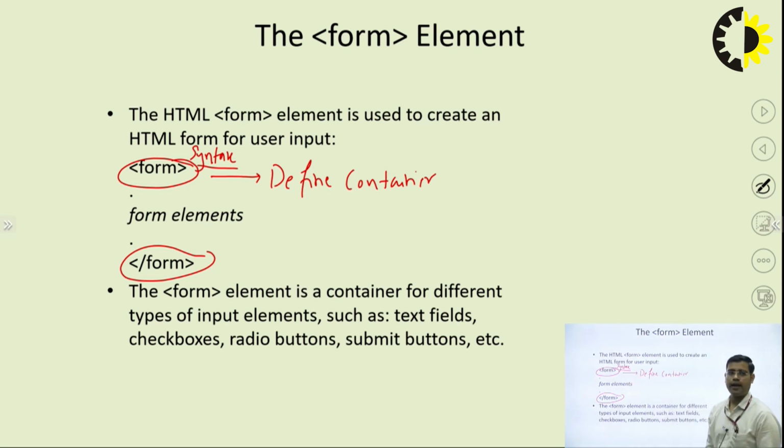Inside the form tag there may be lots of different types of input elements like text fields, check boxes, radio buttons, submit buttons, etc. Through the different types of input elements, we can create the form in HTML. We will later discuss how we can create the form.